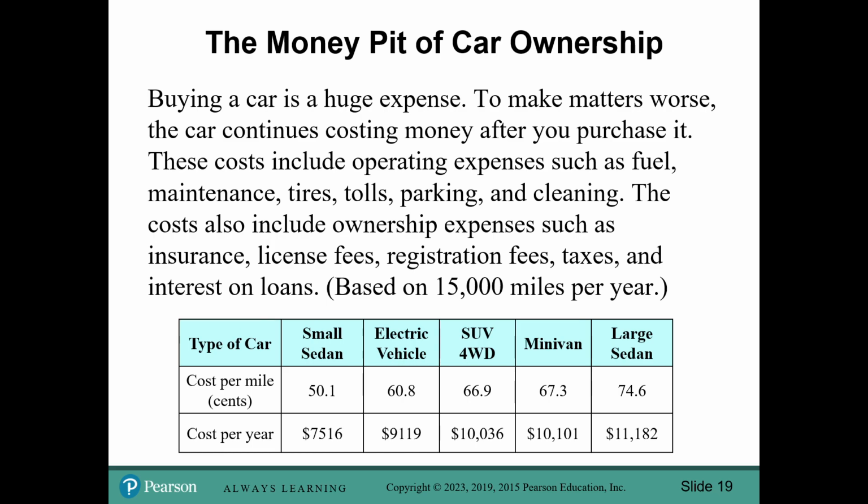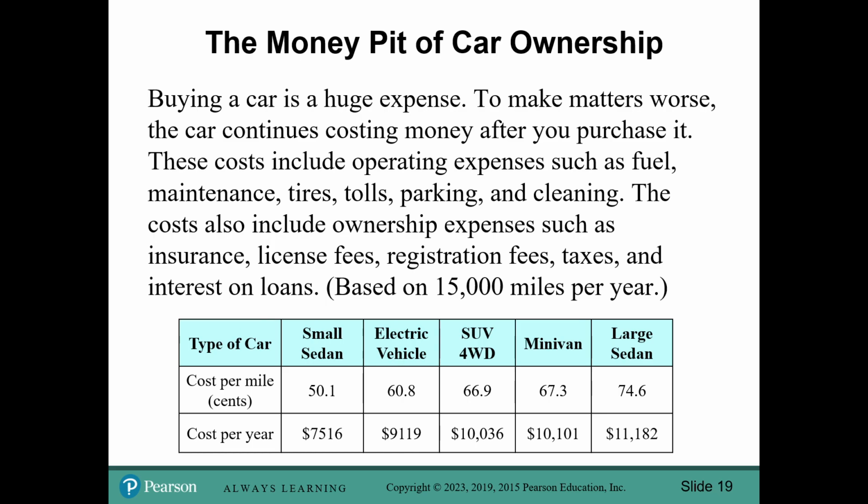So if we look at the table below, it is based upon an average of 15,000 miles per year. What this table is doing is comparing different size vehicles. So you have your type of car: your small sedan, your electric vehicle, your SUV, which is four-wheel drive in this case, your minivan, and your large sedan. We're going to compare the cost per mile in cents versus the cost per year of each of these vehicles.